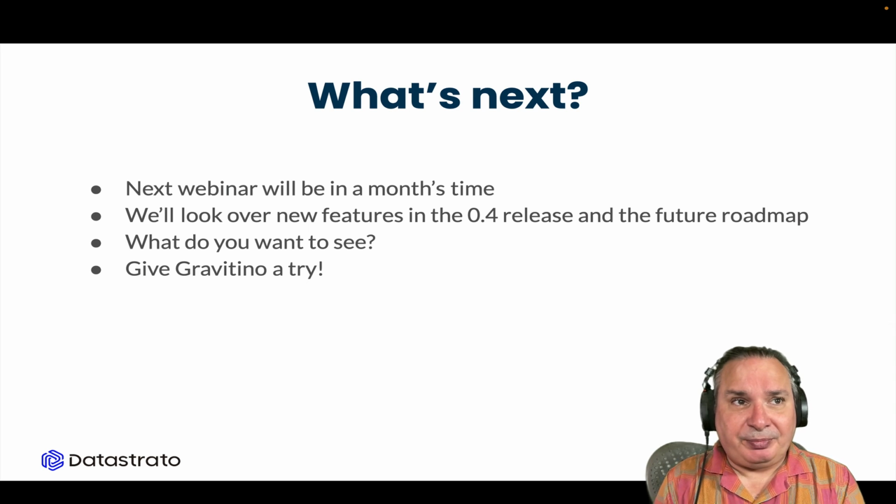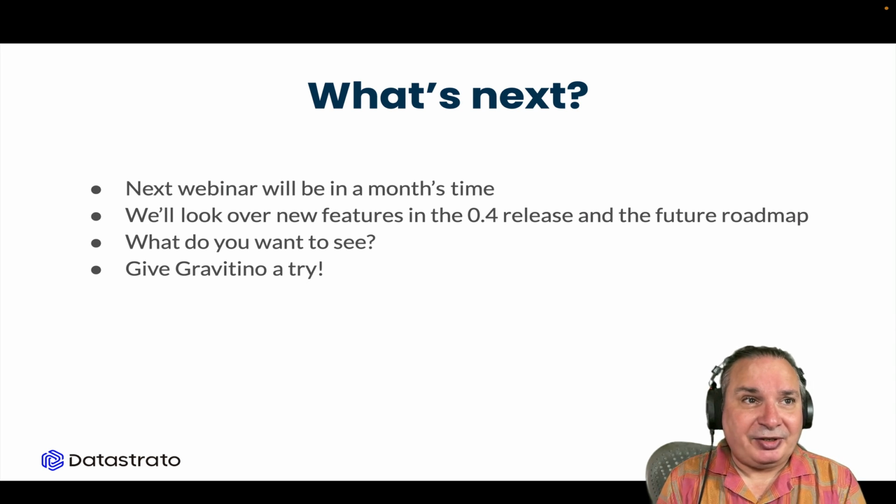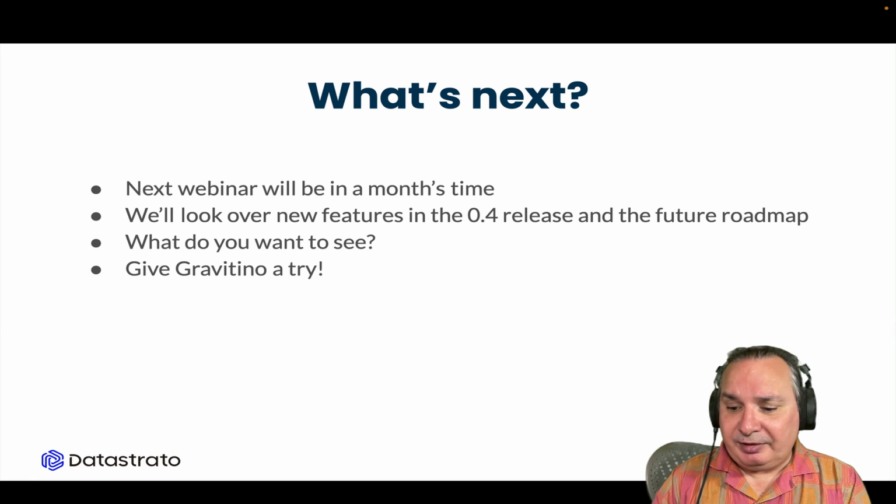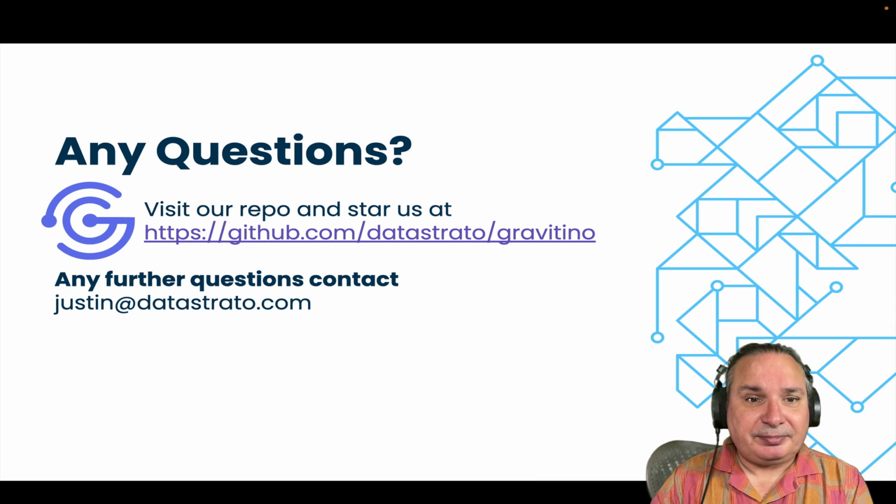As with all open source projects, this is sometimes a little uncertain because we don't know what community features are going to be contributed, or what the community thinks is important to work on or not work on. So I'd be really interested to hear from you in what you want to try and see, and I'd love it if you could give Gravitino a try.